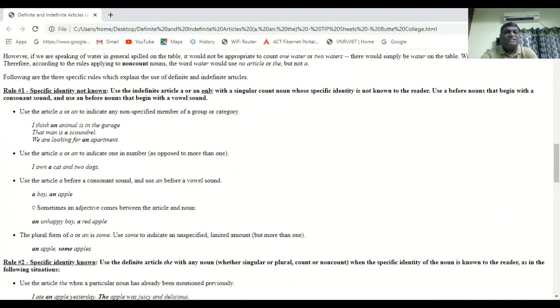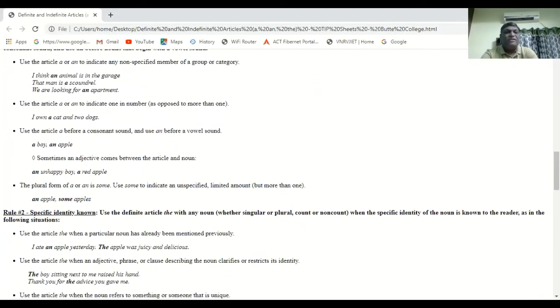Now let us see some grammar rules of where to use. First, let us talk about the indefinite article a or an. Use the article a or an to indicate any non-specified member of a group or a category. Non-specific.